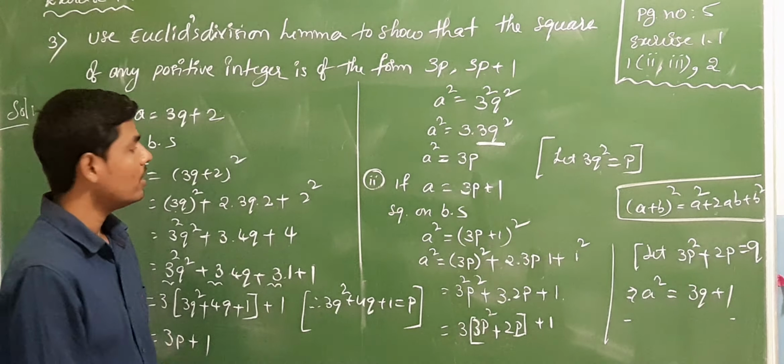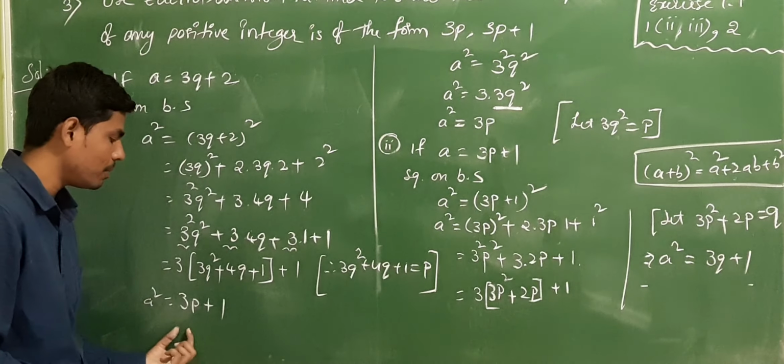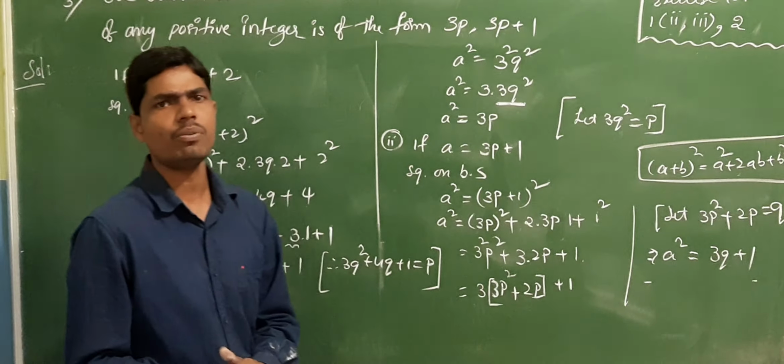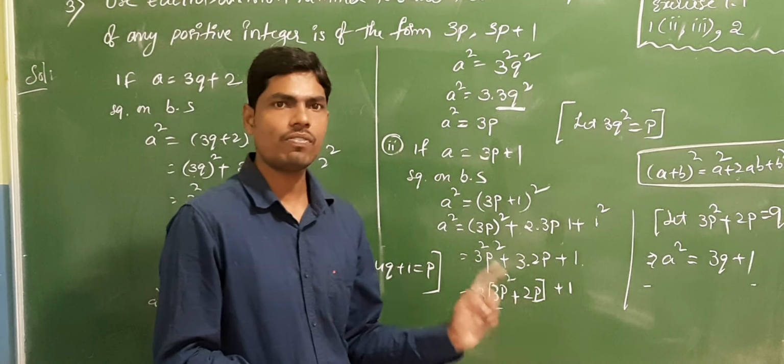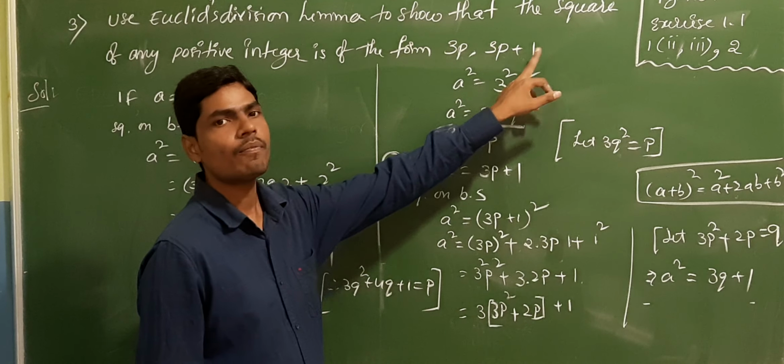Now observe this. If you have taken remainder 2 also, you got it in the form of 3p plus 1. Like that, if you take any positive integer, its square should be in the form of 3p or 3p plus 1.